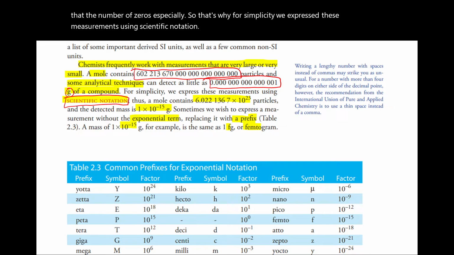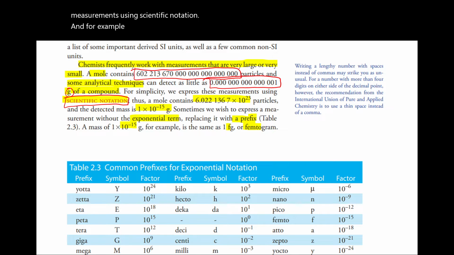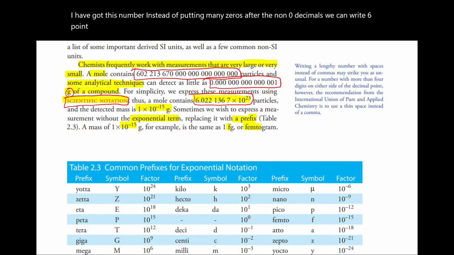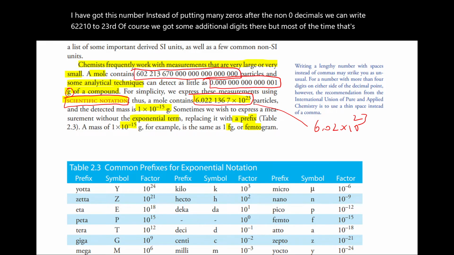For example, for Avogadro's number, instead of putting many zeros after the non-zero digits, we can write 6.022 times 10 to the 23rd. Of course, we have some additional digits there, but most of the time, that's what we use.